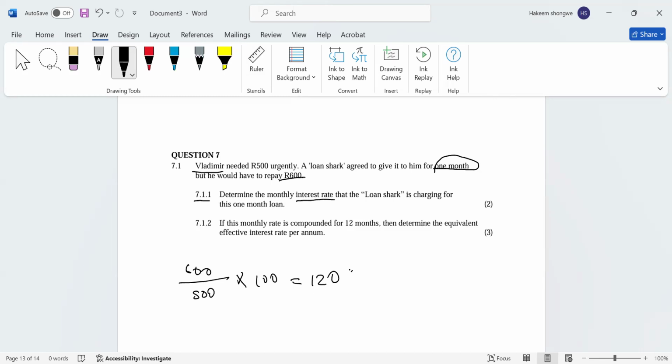Then you minus the 100%, which is the money that we borrowed. Then we are left with 20%.